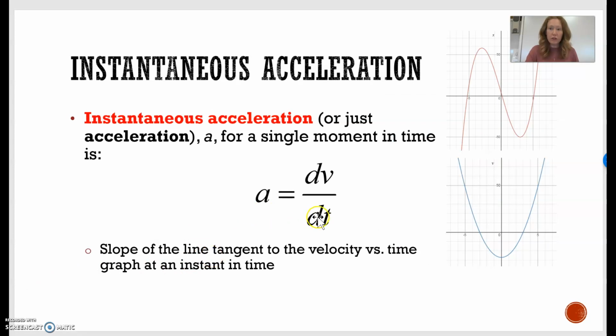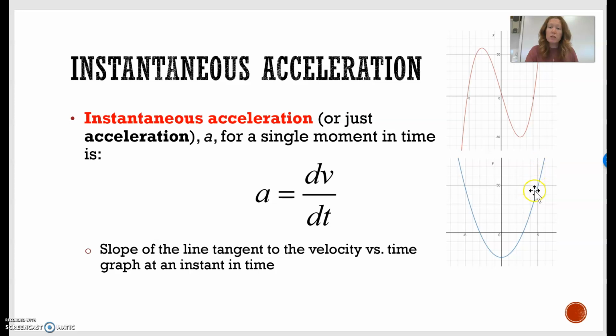If you have a nonlinear velocity function like this one, it's very small, but this blue curve is a velocity as a function of time. It isn't linear, but we could find the instantaneous acceleration of this object by taking the tangent line at any point in time, or the slope of the tangent line, I should say.